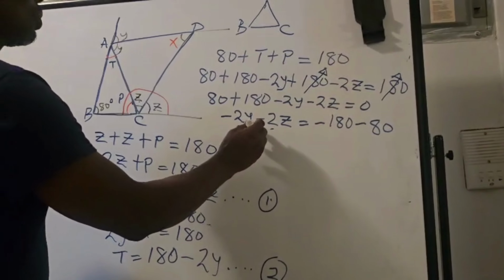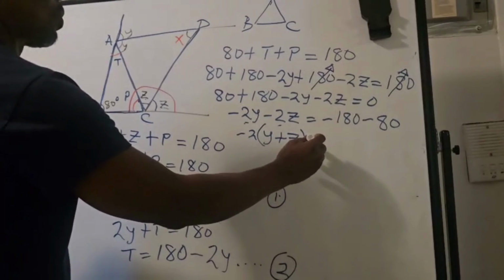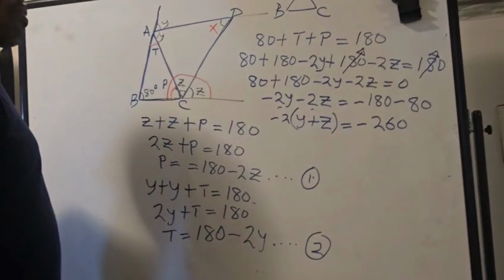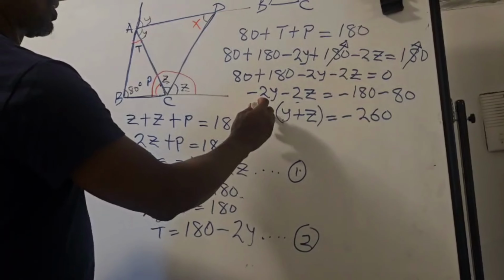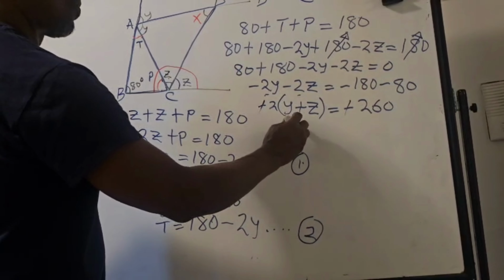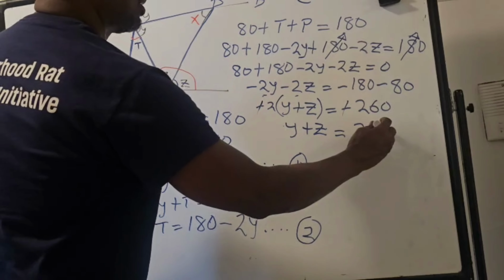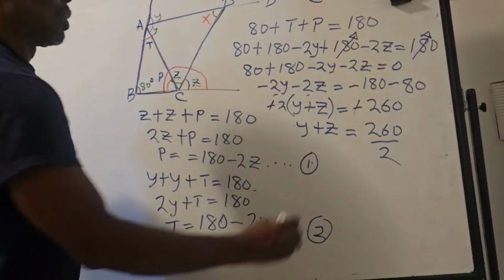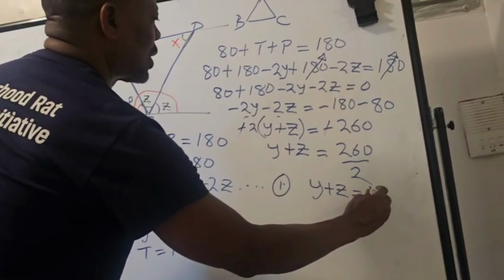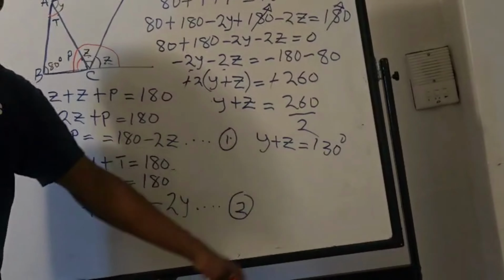So you're going to have minus 2 into Y plus Z equal to minus 260. So this will cancel this, and you now have Y plus Z equal to 260 divided by 2. So Y plus Z will be equal to what? 130 degrees. We have found Y plus Z to be 130.